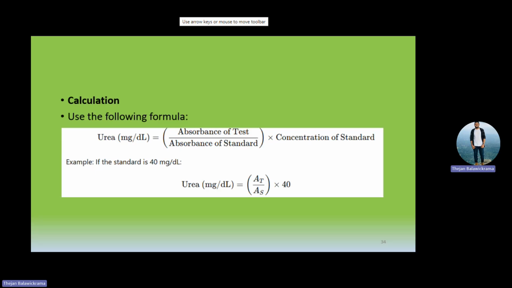Normally, in the previous slide, I was talking about how the standard solution can be taken at either 20 milligram per deciliter or 40 milligram per deciliter, right? So then multiply by 40 in that case. So that's how we do the calculation. Then only we get the value. That is what is printed in the blood report, in the printout.